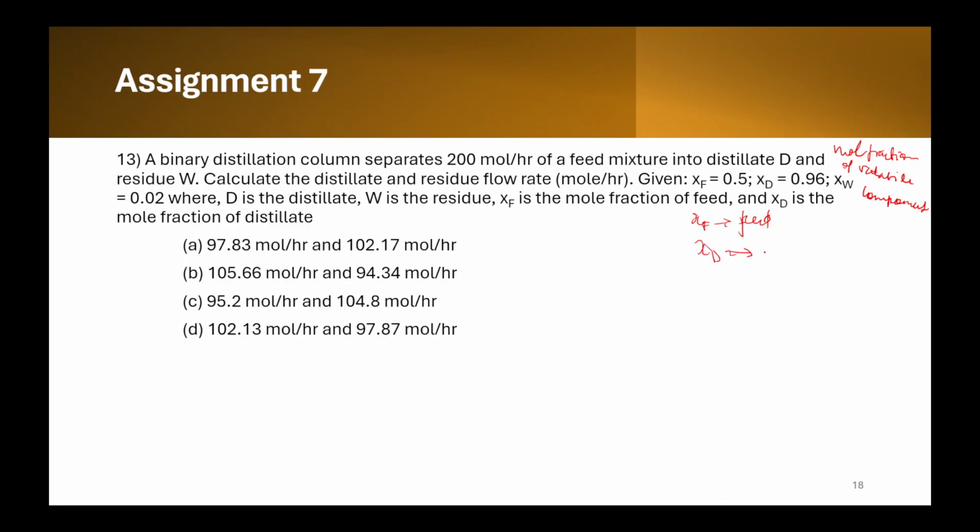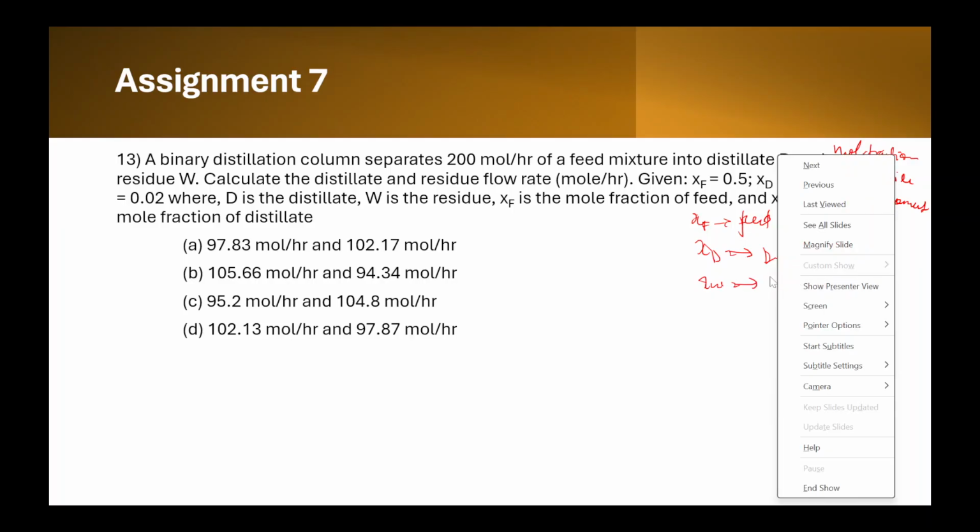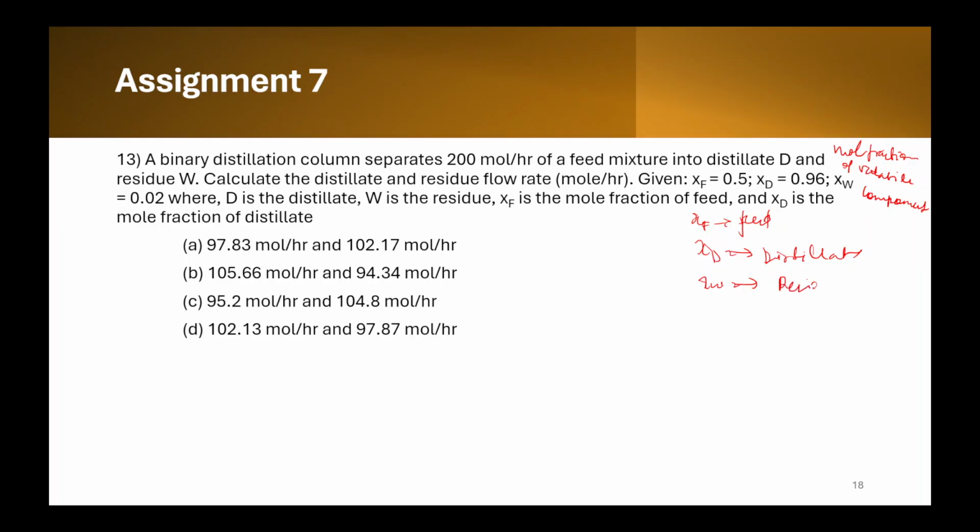XD is the mole fraction in distillate of the more volatile component itself. And XW will be in residue or bottoms. So you see this 0.96 mole fraction. The more volatile component is enriched in the distillate, and it is in rarer quantity in the bottoms.